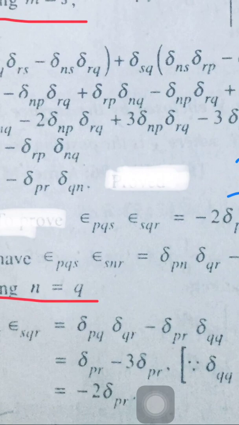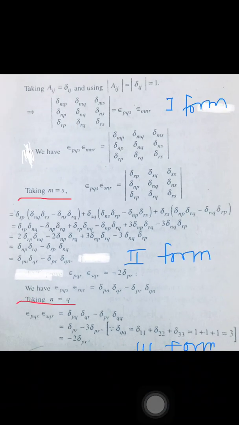So if all three indices are the same, that is epsilon ijk into epsilon ijk is nothing but minus 2 into 3, that is minus 6, when all three indices are contracted. So this is the epsilon delta identity, all three forms, and one more form in which we get a numerical value.